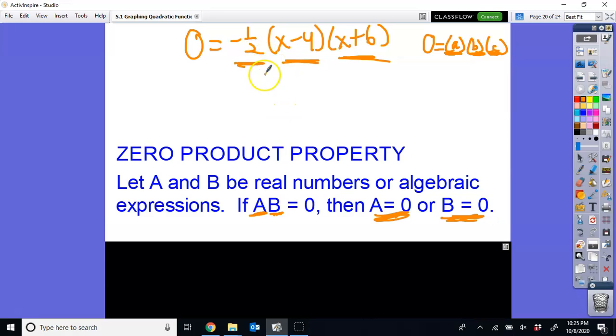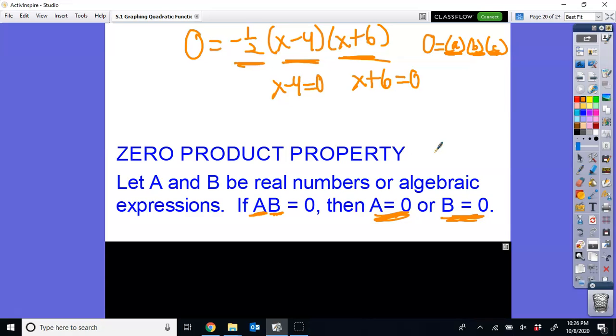So look back up here. -1/2 is definitely not 0. It's -1/2. But x minus 4 could be 0. x plus 6 could be 0. Notice what I just did. I took that ugly quadratic that was multiplied together to get equal to 0, and I used my knowledge about how things multiply together.